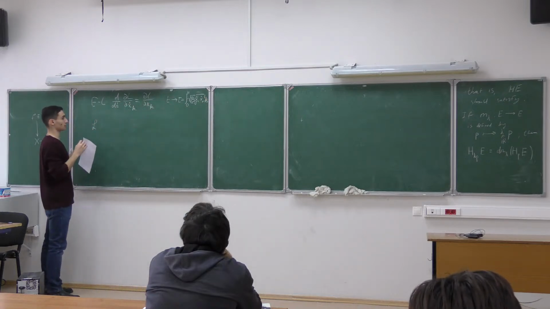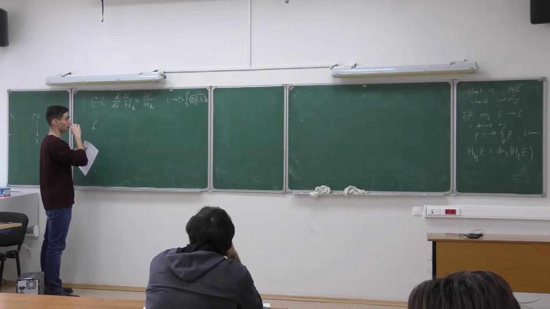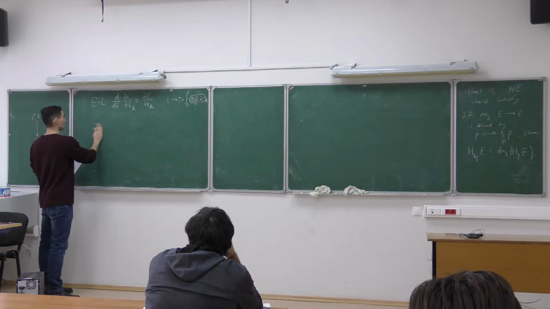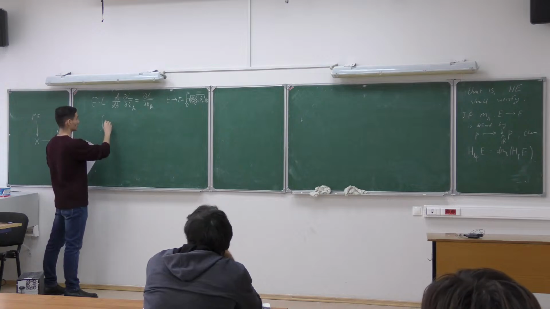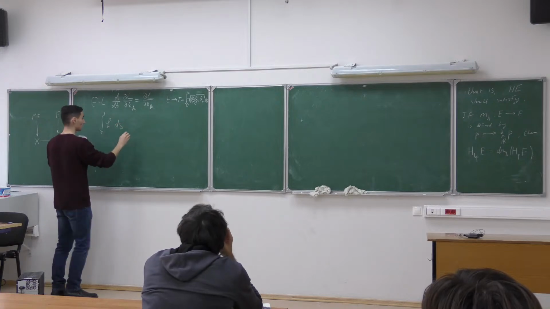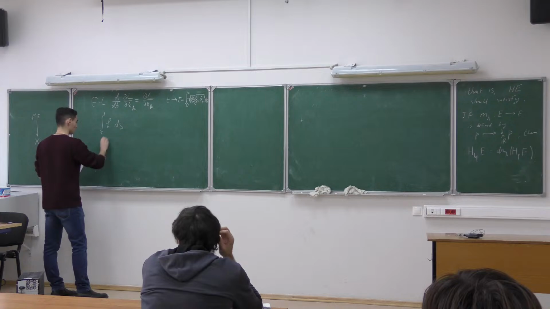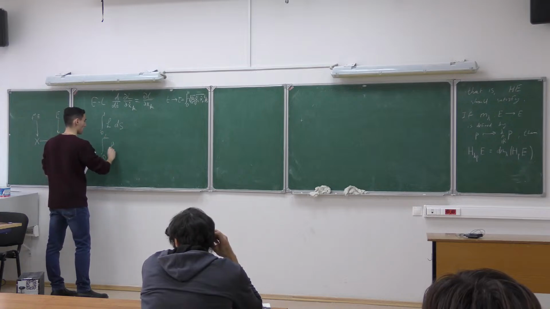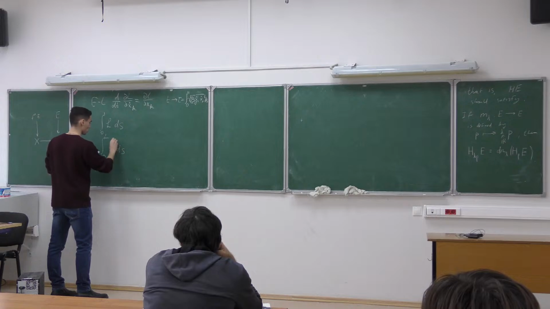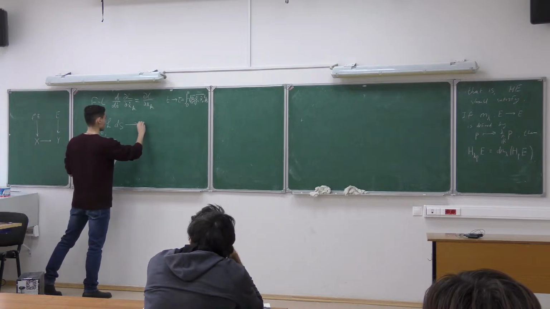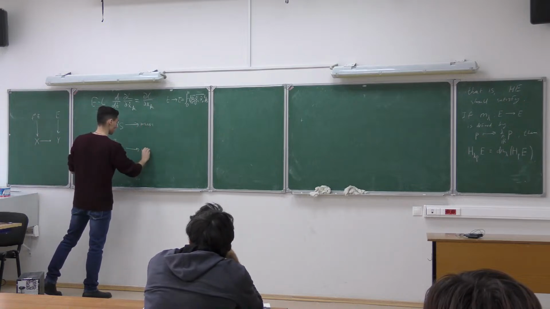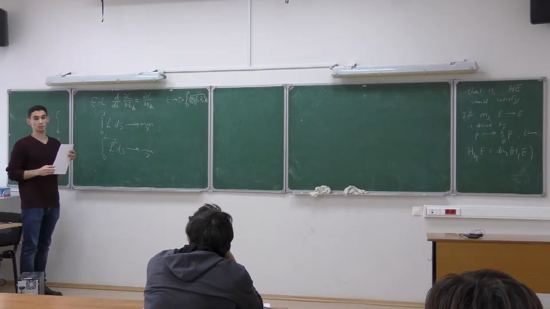So my proof relies on the fact that if we consider two actions, the first one is this, and another one is this, then minimizing them gives the same Euler-Lagrange equations.